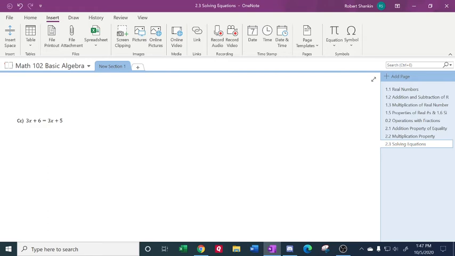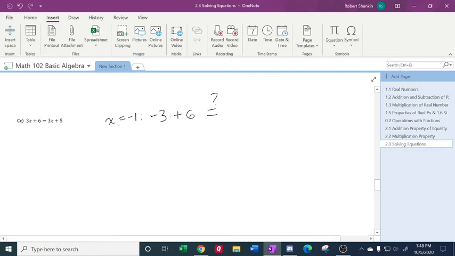Okay, group 3. What do you have? What's the solution? It seems that I've only gotten one response in so far. It is x equals -1. Let's try it. If we put -1, we're going to get -3, multiplied by 3, plus 6.